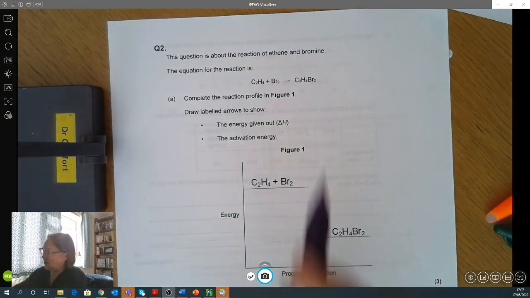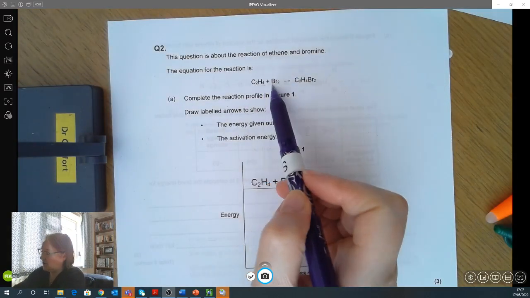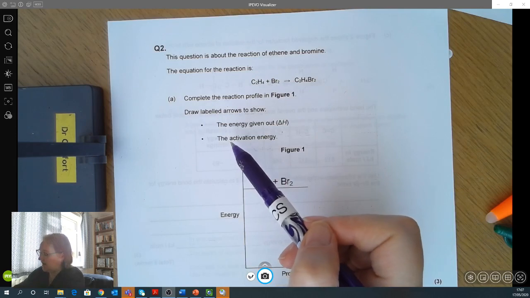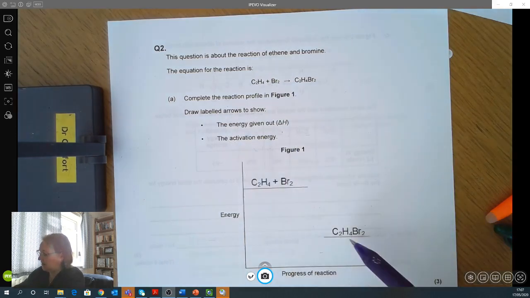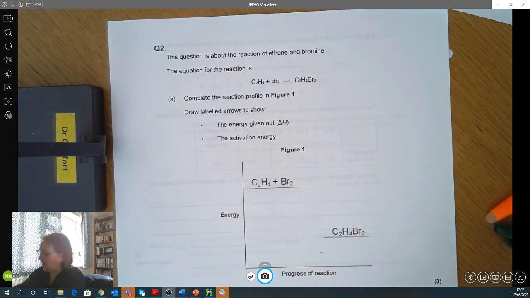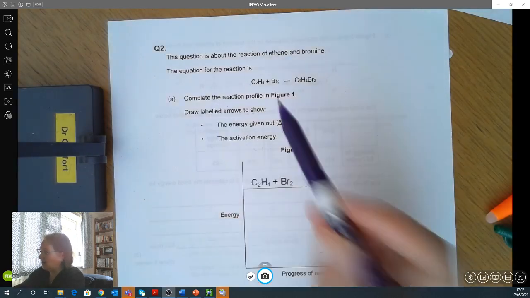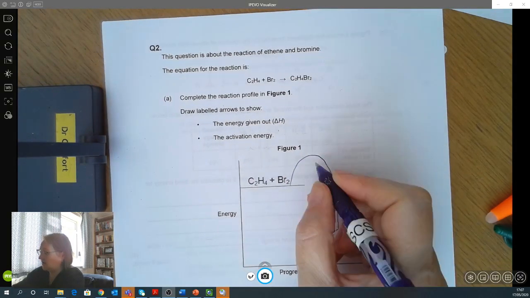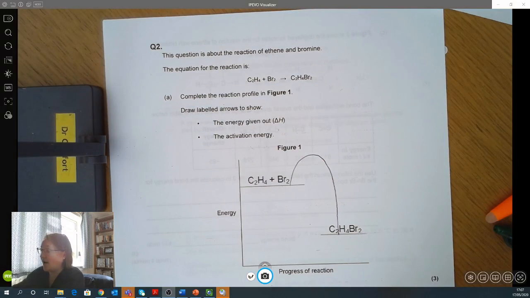Okay, next question. I've got my reaction between ethene and bromine. It's given me the equation and the reaction profile here, and it's given me where the reactants started out and where the products ended up. It's asked me to complete the reaction profile. So the first thing it's looking for is that I've included an activation energy, that I've gone up and then down.